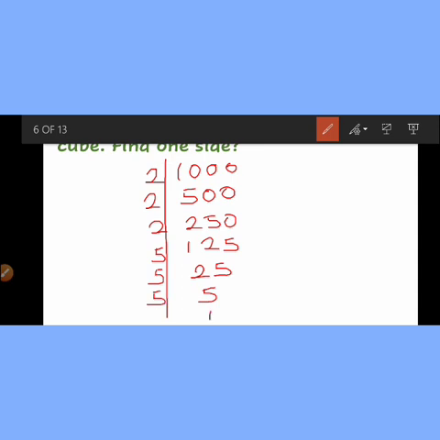Now, because I said we're going to be using the cube root method using LCM, it means that 3 numbers here will represent 1 and 3 numbers here will represent 1. So our final answer will be 2 times 5, which is equals to 10 centimeter.